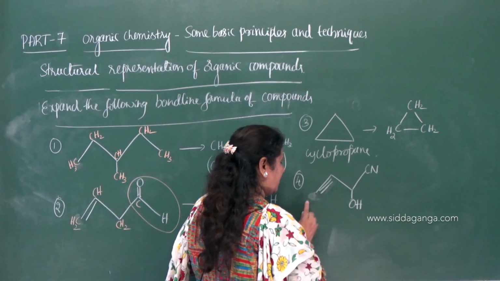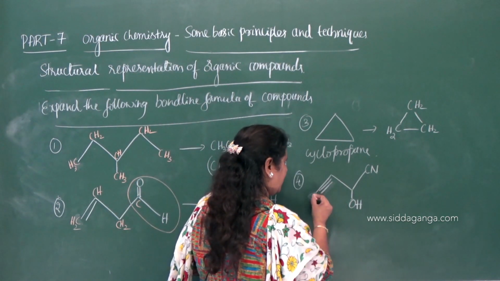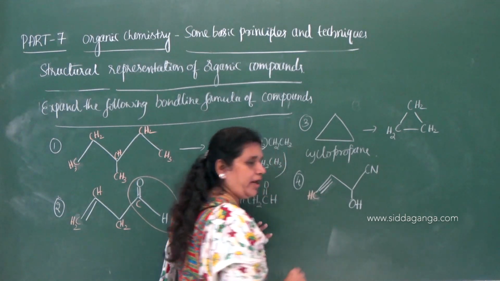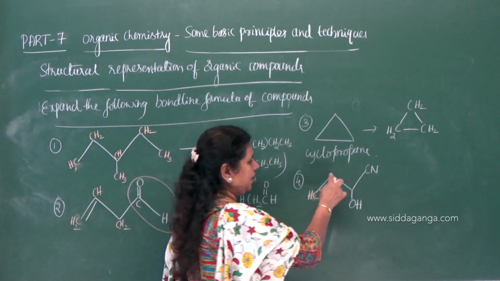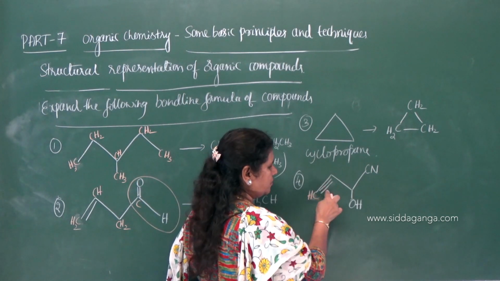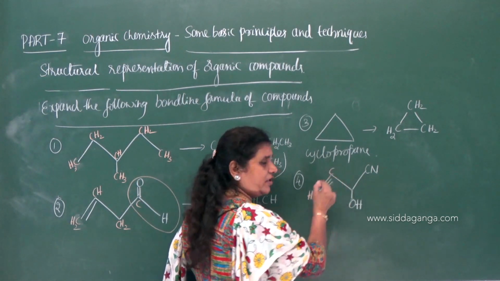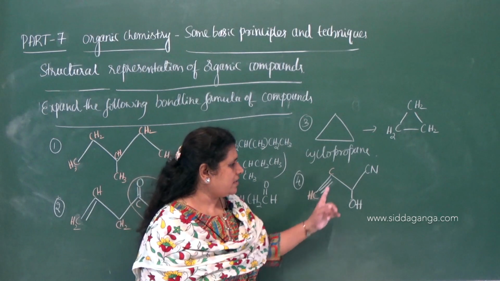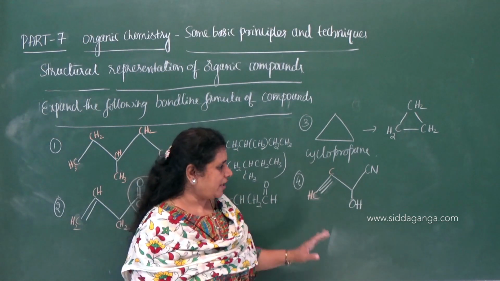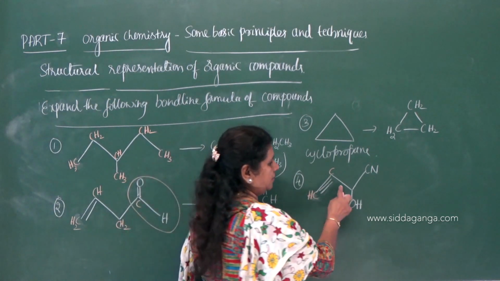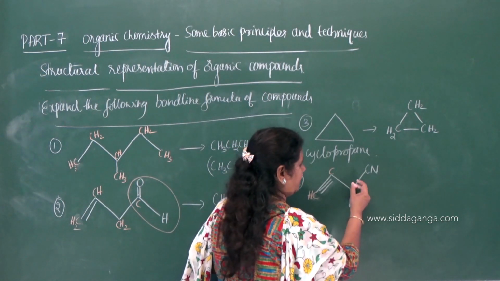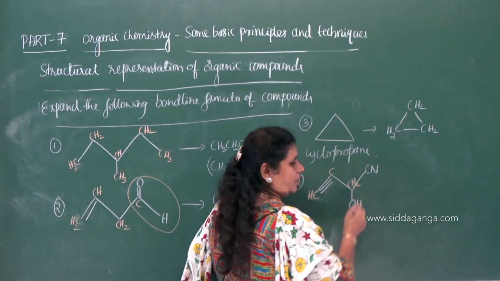Already it forms three bonds, therefore left with only one hydrogen, a CH unit. But look at this carbon, 1, 2, 3, 4. Already it's satisfied with tetravalency. Therefore, there is no need to put any hydrogen atoms. It is C. And here, two bonds are already formed, so one carbon and two hydrogen atoms.